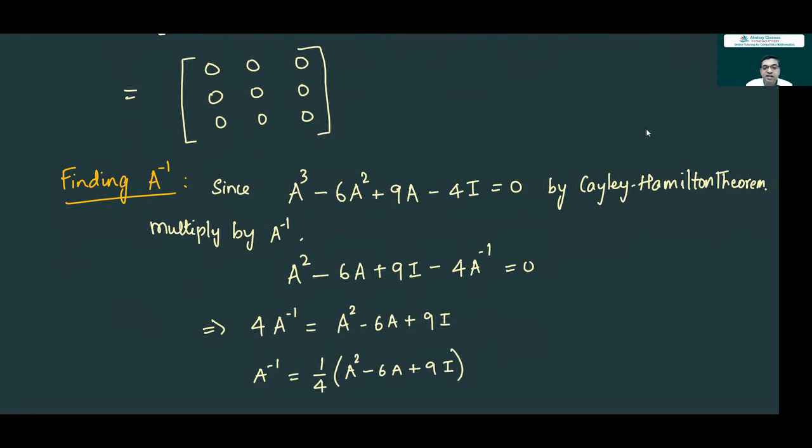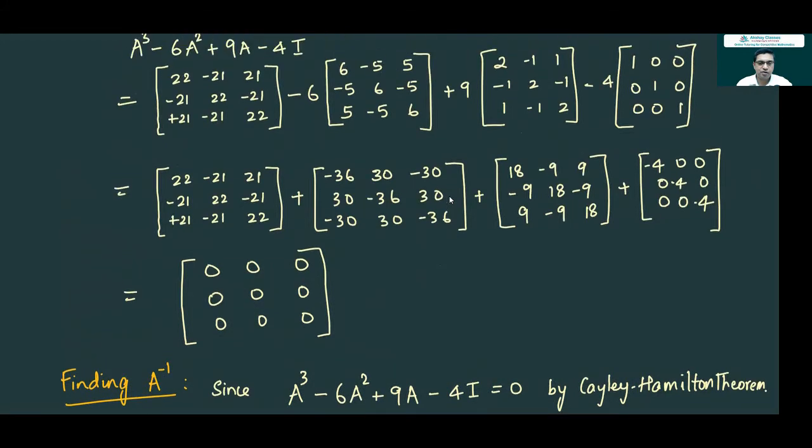This is the easy way to find A inverse, without having to do inversion, determinant, adjoint, all those things. It is just simply one product and then addition of scalar multiplied matrices.